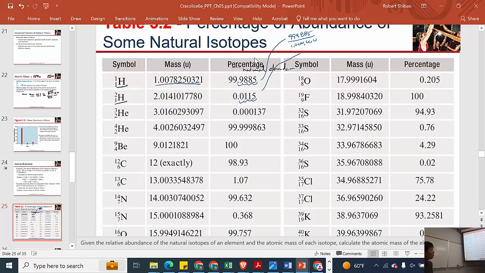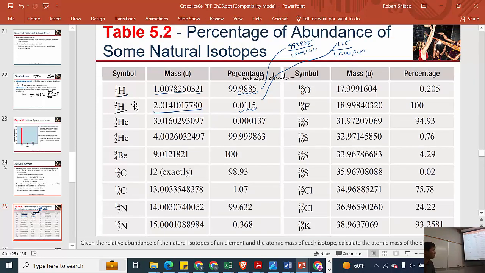And then this one would be 115 out of 1,000,000 and weigh this much. It's twice as heavy. In other words, if I had 1,000,000 hydrogens, only 115 of those would be hydrogen 2.